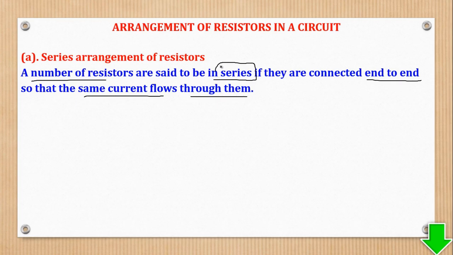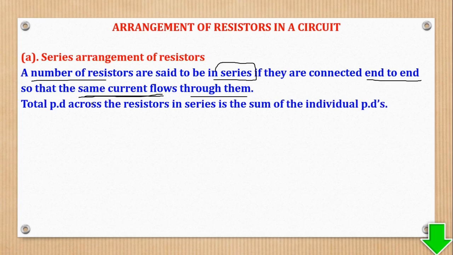Remember, for capacitors, it was the same charge flowing. But now, we no longer talk about charge, we now talk about current flowing. That is one condition. Another one is that the total PD across the resistors in series is the sum of the individual PDs.